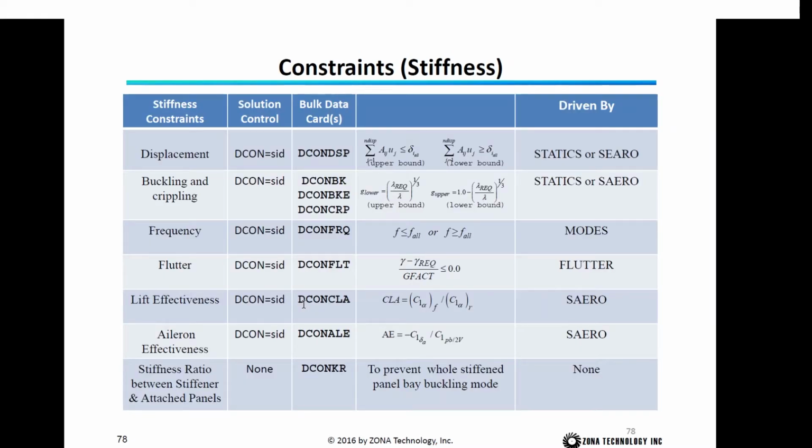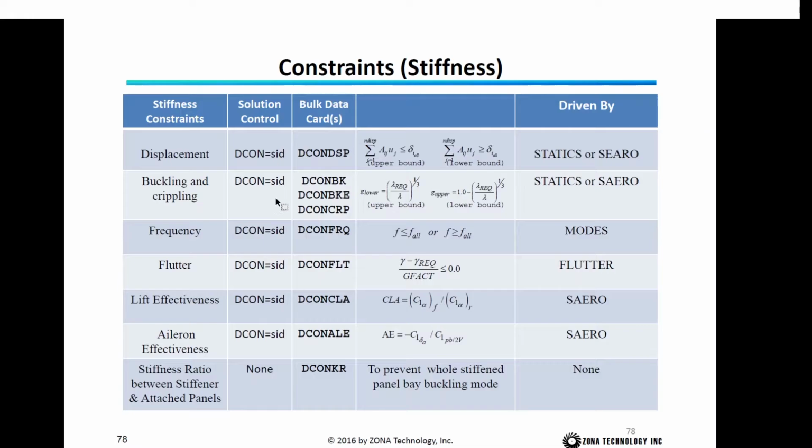The constraint in ASTROS: we have a displacement constraint, and this displacement is driven by statics or SAERO. You can impose this displacement constraint by DCONDSP, and it is activated by the solution control DCON equal to set, where set is the set ID of this DCONDSP.